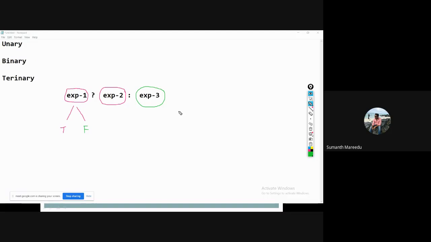Sir, if it is a plus b, how can I consider true or false? If it is a greater than b, the result is true or false. If it is a plus b, in that case, only the value 0 is considered as false.